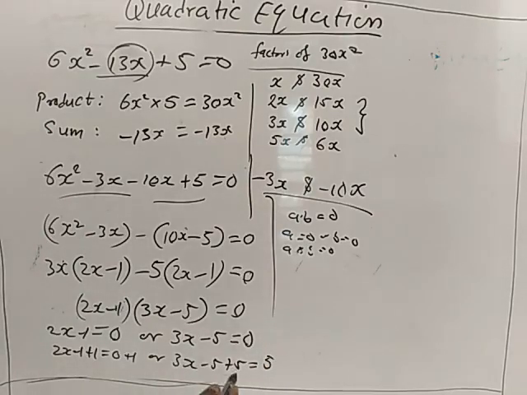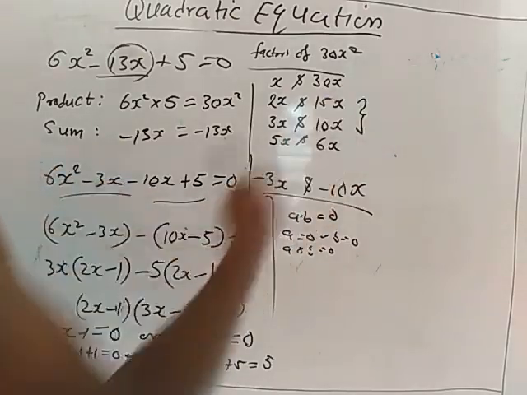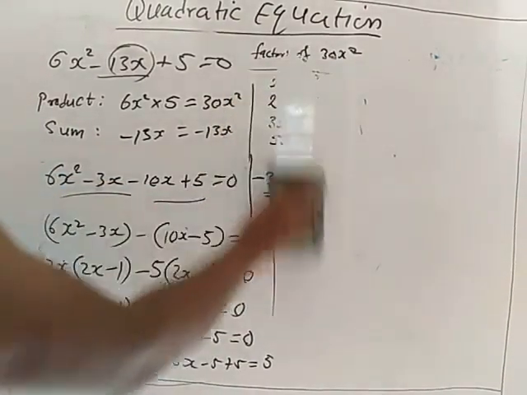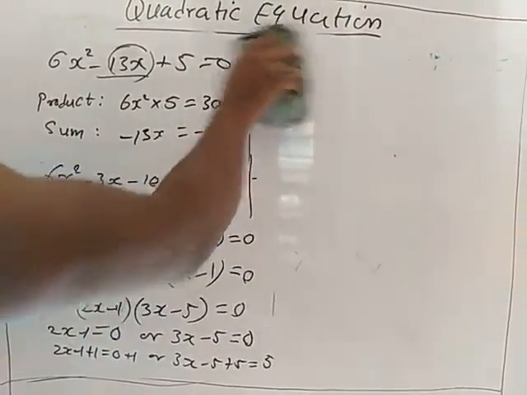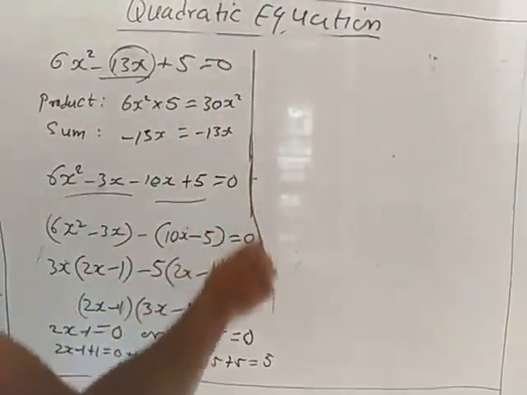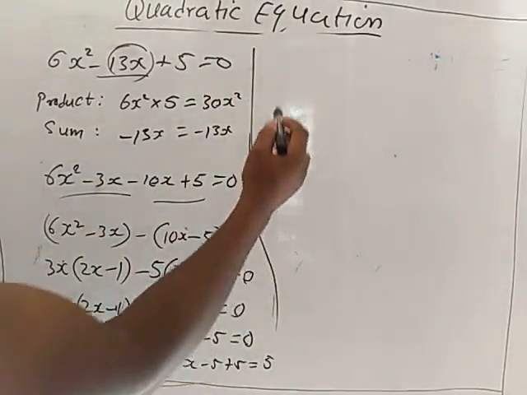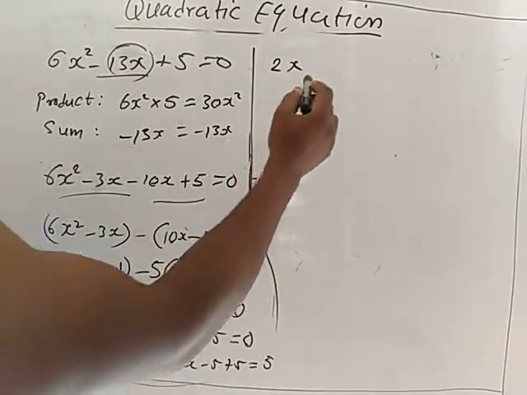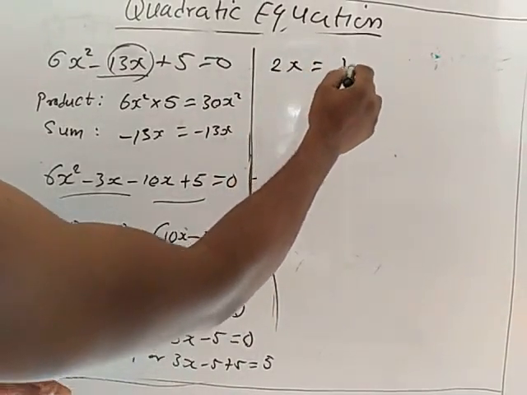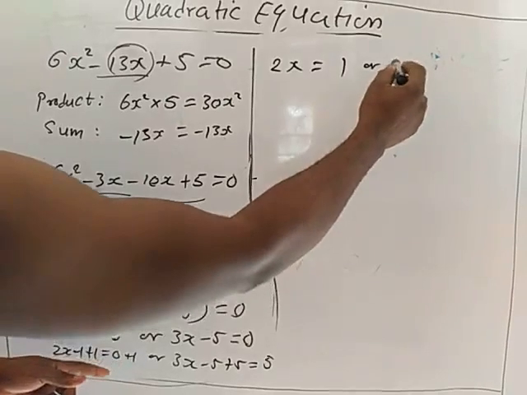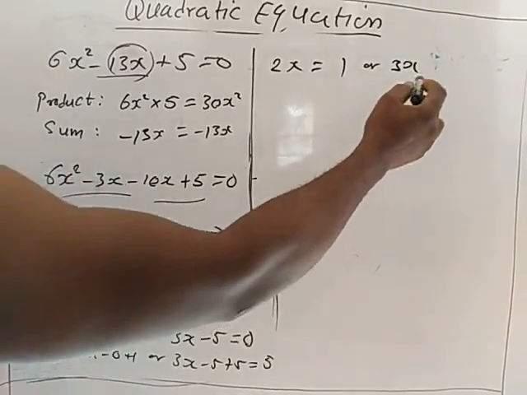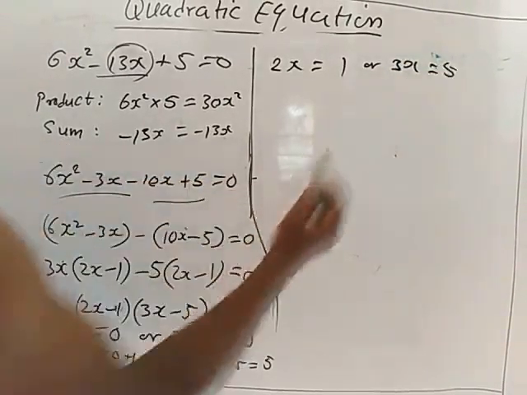That is, on this side we add 5 to both sides. On this side we add 1 to both sides. So that 2x will be equal to 1, or 3x will be equal to 5.